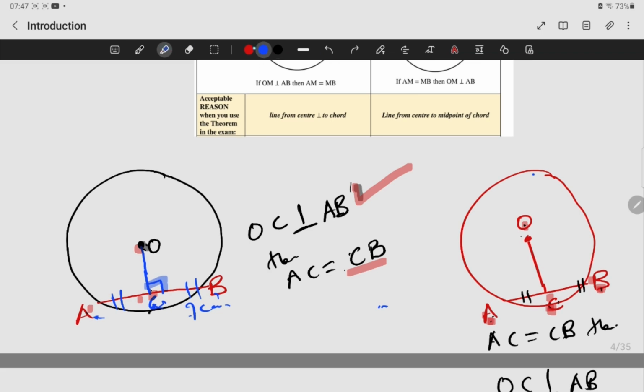So we have now created a right angle triangle, and we can use Pythagoras to calculate the radius or any other side. Also note that OB is a radius and OA is a radius, so OB is equal to OA because radii are equal in a circle. In the next video, we're going to look at examples of how to apply this theorem.